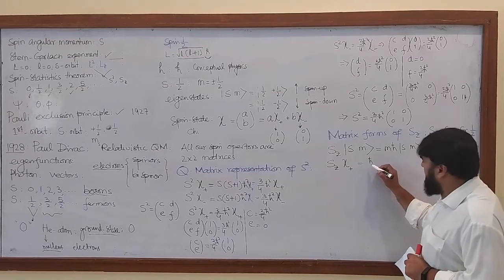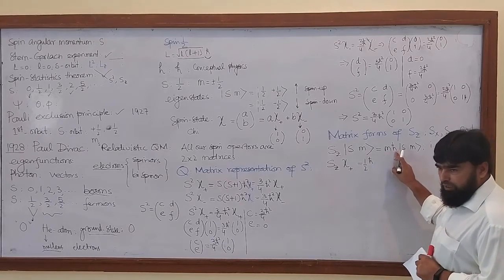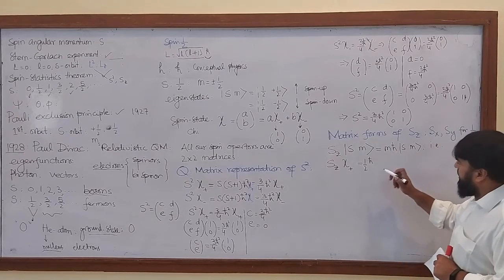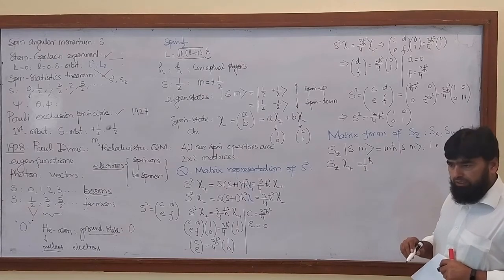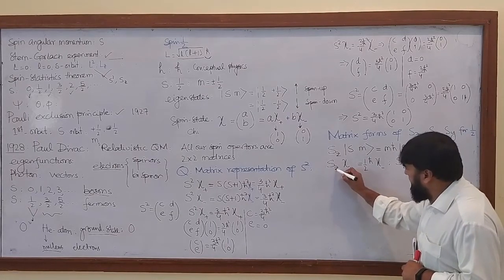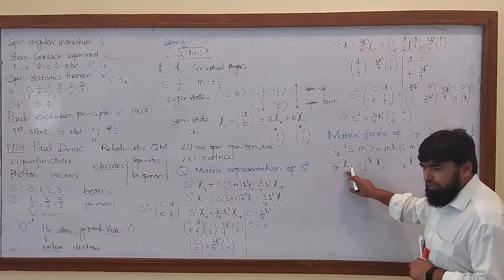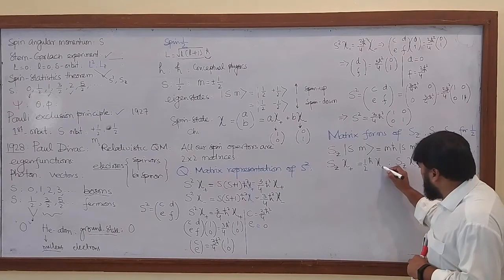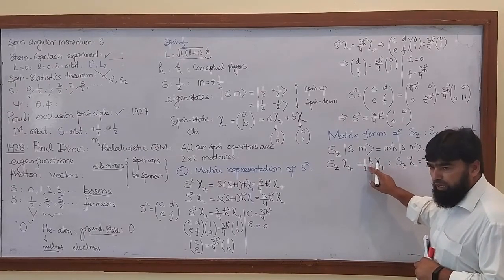So M is half, then h bar, and the state remains chi plus, only the value will be half.